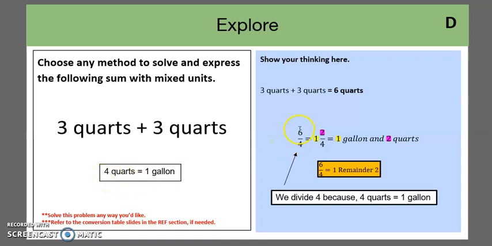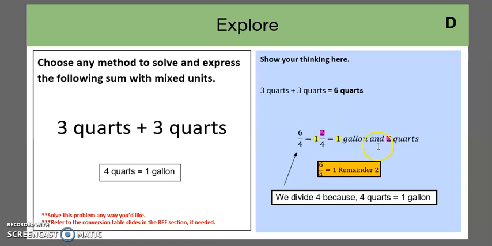So we divide 6 by 4. When we do that, we have 1 as our whole number and 2 as a remainder. 2 will be our numerator, and we continue having 4 as our denominator. Therefore, our answer will be 1 gallon and 2 quarts.